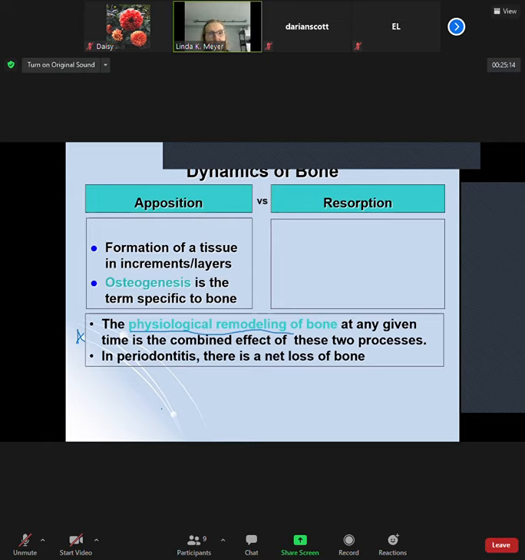If you translate that, genesis means the beginning of or the formation of, and the prefix osteo means bone. So osteogenesis is bone formation. The general way that it forms is through apposition. It doesn't form all at once. It forms layer by layer.